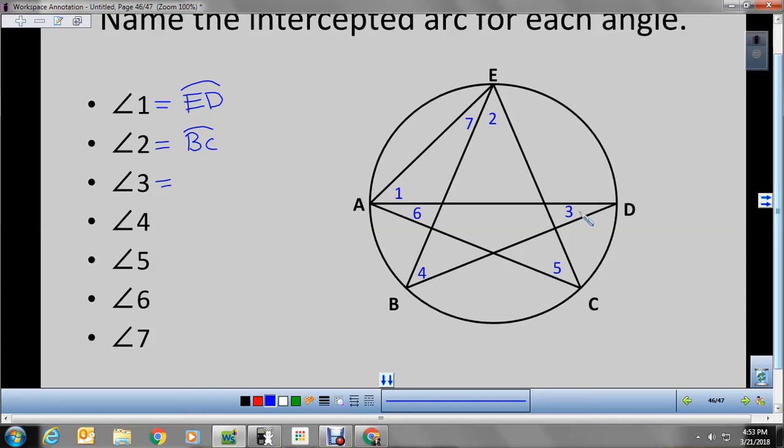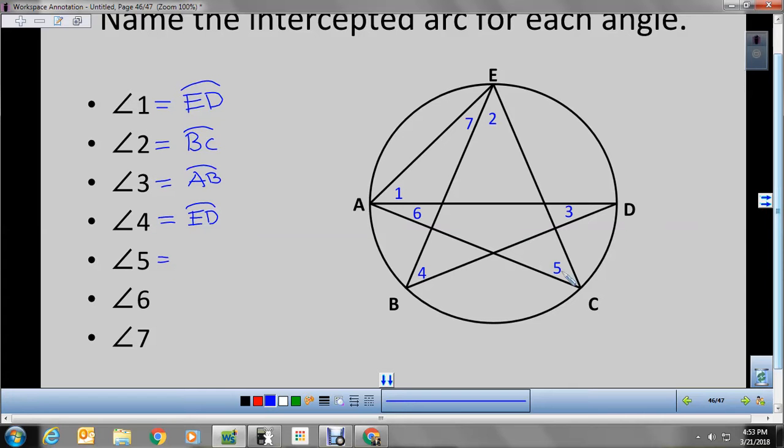Angle 3 opens up to A and to B, which means it's arc AB. Angle 4 opens over to E and to D, so it also opens up to arc ED. We can draw the conclusion that if these two both open up to the same arc, then they have the same inscribed angle, so their angles are congruent.